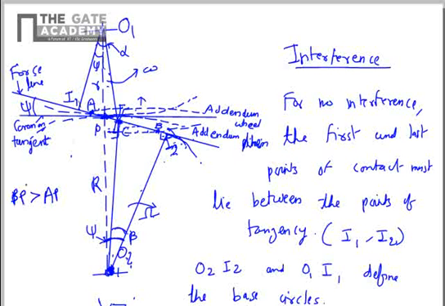This distance AP will be smaller and PB will be much larger, just because the pinion is smaller and the wheel is larger. You can invert it also and you will get the same thing, only the names A and B and r and capital R will change. But interference occurs first for the bigger gear, that is the wheel. So normally we will use the condition for that only.